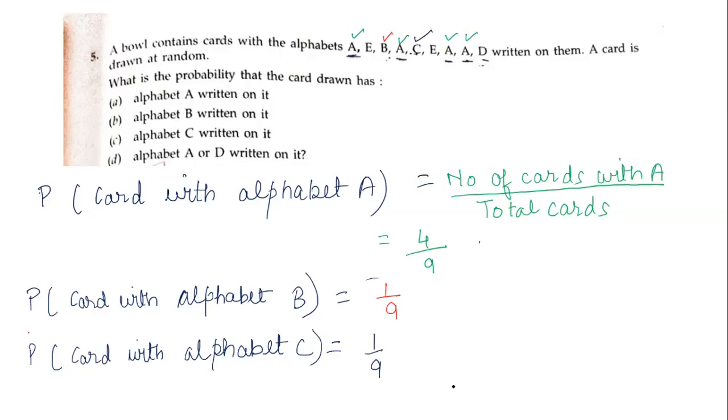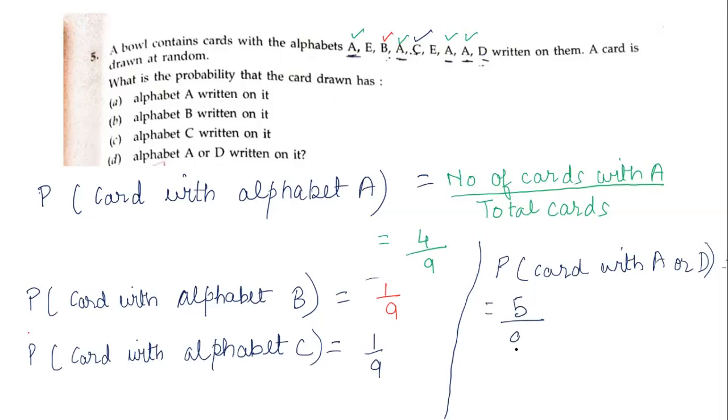Then probability of card with A or D. A और D, मतलब A भी हो सकता है उस पे और D भी हो सकता है। A कितने कार्ड्स पर है? 1 2 3 4 5, 5 कार्ड्स पर A और D है। 5/9.